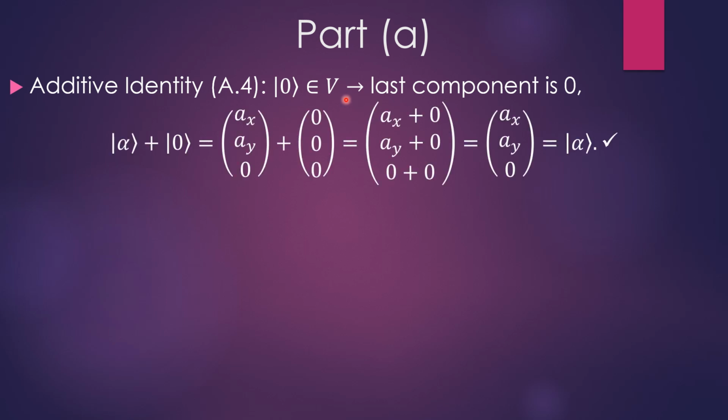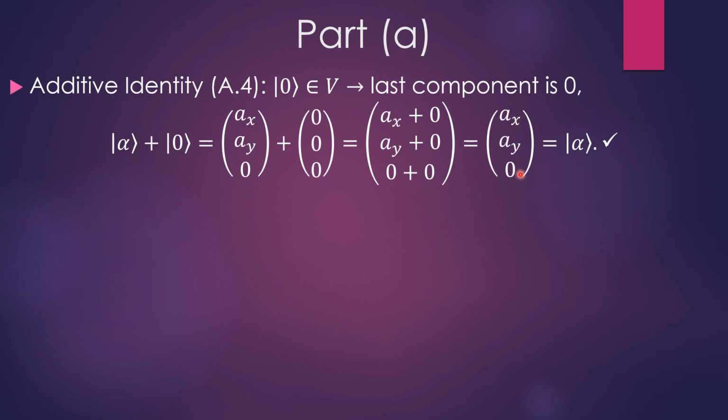What we witness here is that if I just add alpha plus 0, just like in our other additions, we add 0 to each individual component of alpha. As such, 0 doesn't do anything under the complex addition, so we're fine. We just return ax, ay, and back to 0.